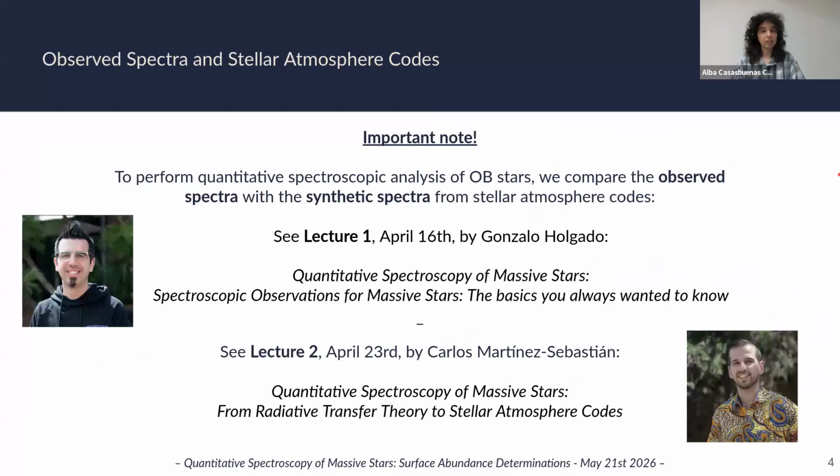In order to determine the abundances of these elements in any star, we have to perform the quantitative spectroscopic analysis of the stars, and we do this by comparing the observed spectra with the synthetic spectra that we get from the stellar atmosphere codes.